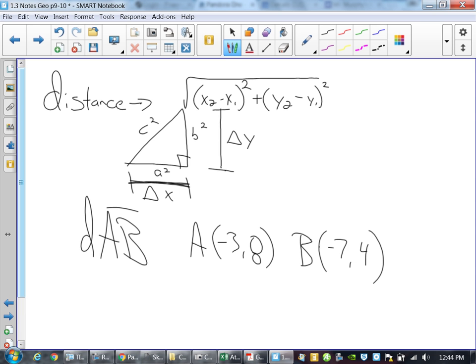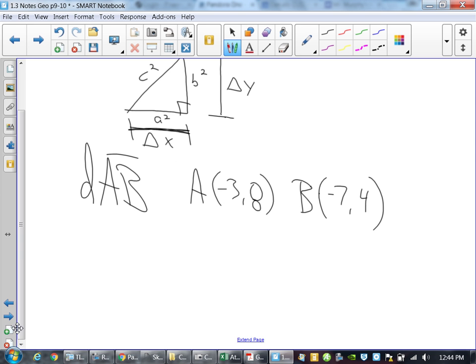Well, by now I hope you guys realize that thinking your way out of something like this, whether it's distance formula, midpoint formula, or even find the missing endpoint, you can think your way out of just any one of those. It's just a matter of, do you know which one you are working with? Whenever you see the D, you're working with distance. So how far apart is -3 and -7? 4.